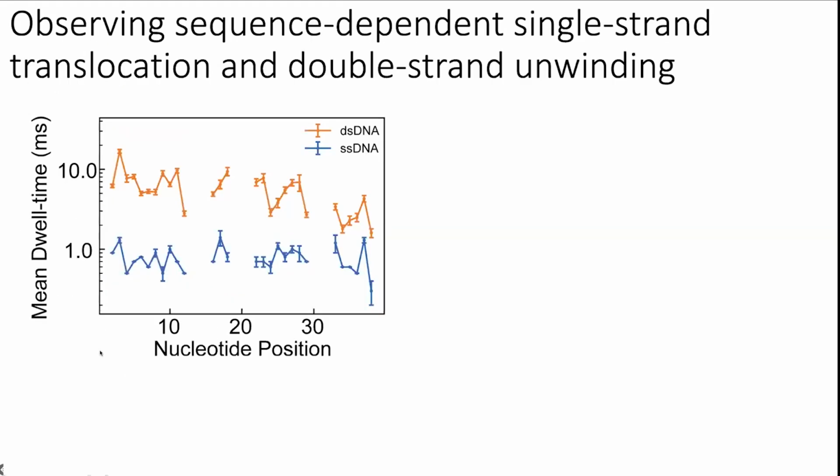Finally, we look at the amount of time NSP13 spends at each nucleotide position, and we find that that time varies with the sequence identity in the enzyme for both the single-stranded DNA and the double-stranded DNA.